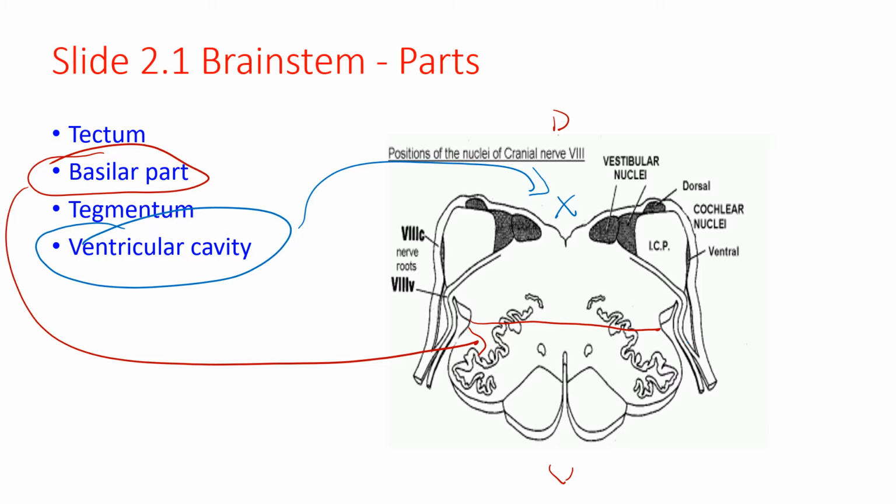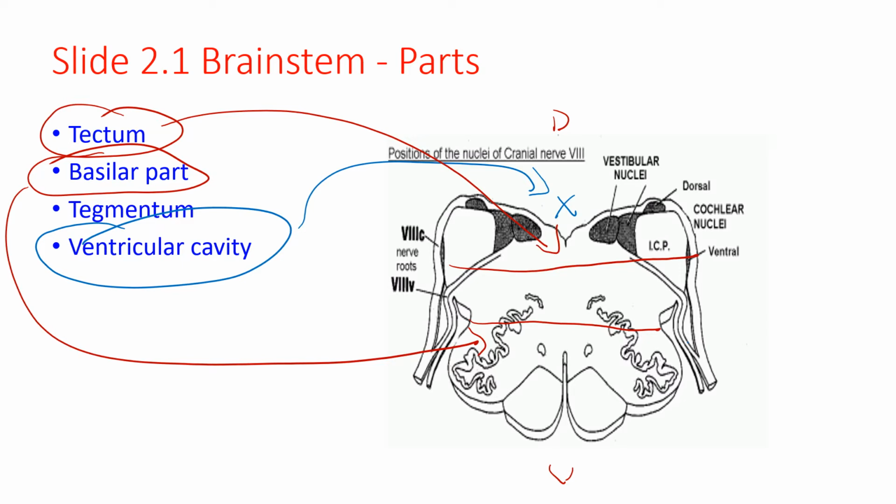For the most part, and again, this is a very, very general rule, the basilar portion is where we're going to see the motor systems associated with the brainstem. Then we can take this dorsal or upper 1/3, and we can refer to that as the tectum.